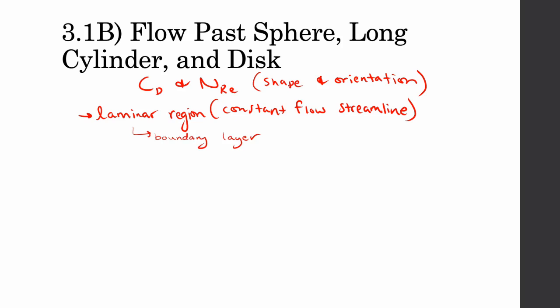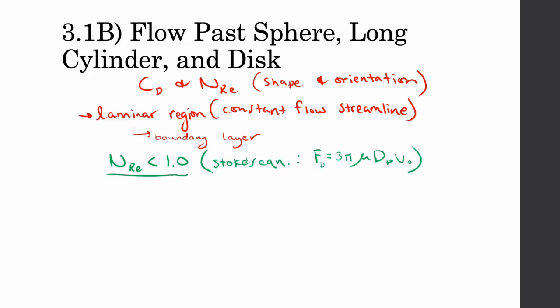Within this laminar region we have a specific range, because the laminar region is not as big as the turbulent region. Once you have a very small Reynolds number, like less than 1, we can relate force with an expression from Stokes' law, the Stokes equation, which is when force is equal to 3 pi mu diameter times velocity.